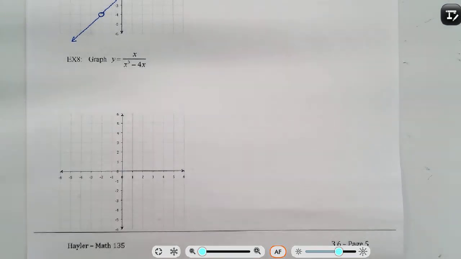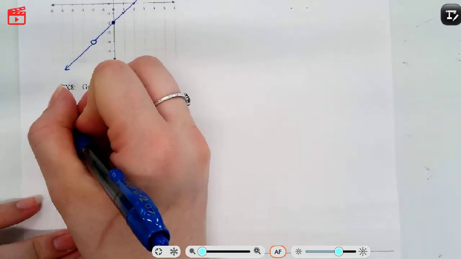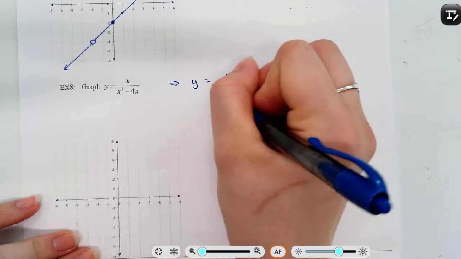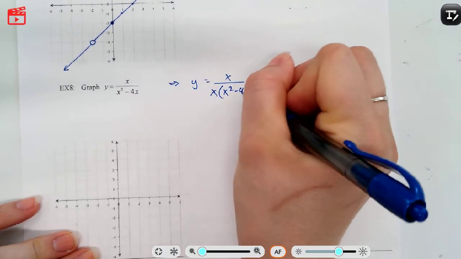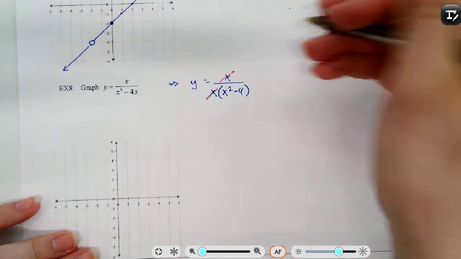All right, so let's see. Factoring. We have y equals x over x times x squared minus 4. Ooh, the x's cancel. That means we have a hole, so no vertical asymptote.